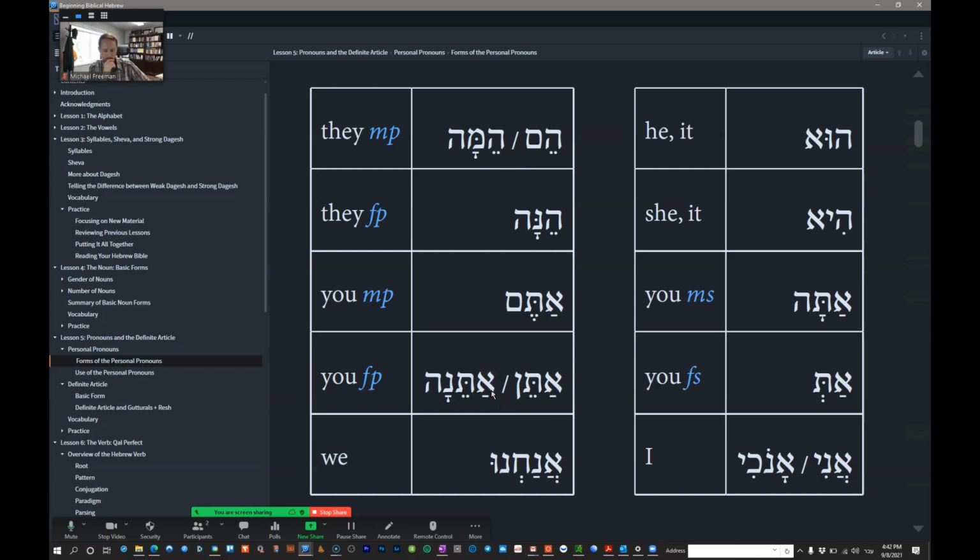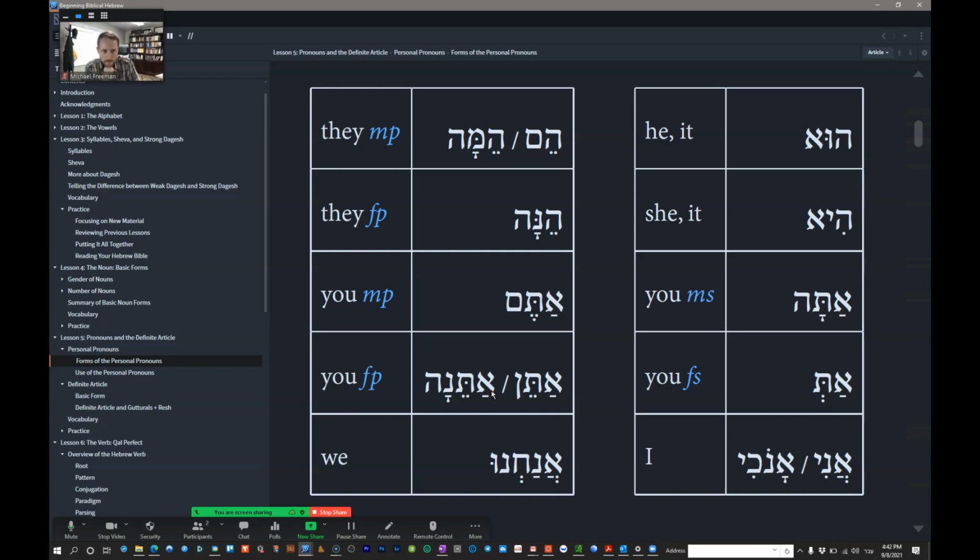But the reason why he puts third person at the top is because in Hebrew, when we talk about this first verb conjugation, this first verb pattern, it's called the Qal perfect. Qal means light or simple. Perfect means completed. The action is completed.